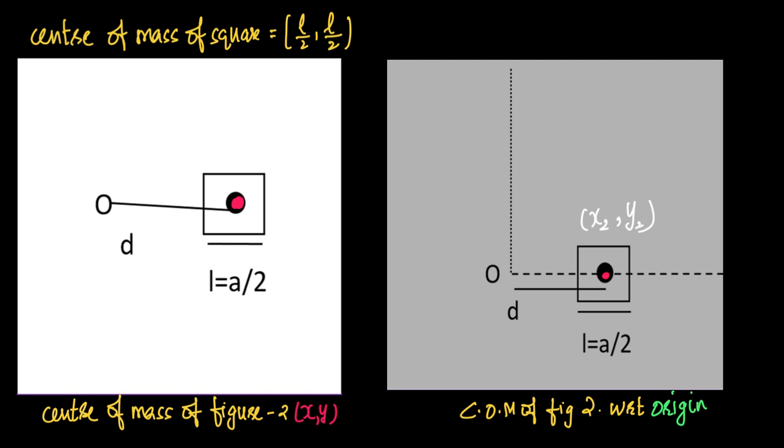But since x2 comma y2 represents the center of mass of figure 2 with respect to the origin, x2 should be equal to this distance d. Therefore x2 comma y2 becomes d comma, what is y2? Since this point is on the x-axis, y2 is 0, and the value of d is given as a by 2, so x2 comma y2 becomes a by 2 comma 0.